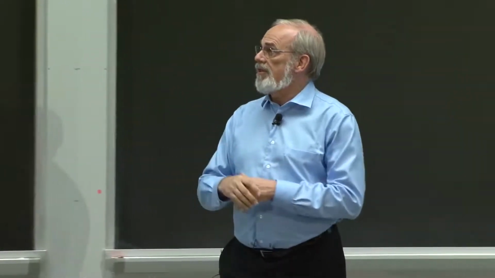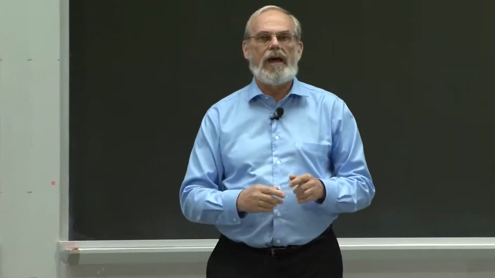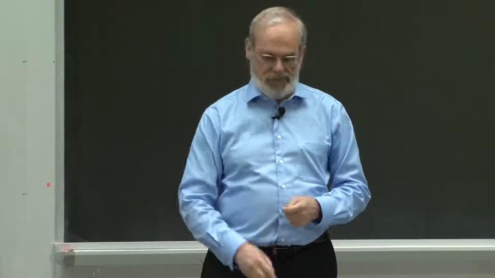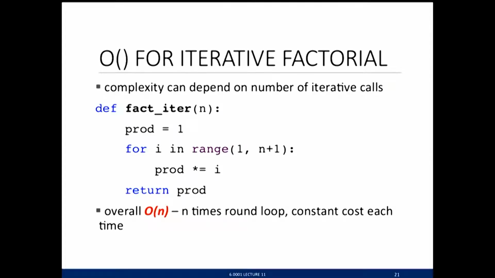Something like searching a list in sequence was an example of something that was linear. In fact, most of the examples we saw last time were things with iterative loops. So, for example, fact, written iteratively, factorial, right? n times n minus 1 times n minus 2 all the way down to 1. I set product to 1, I go through a loop where i goes from 1 up to n minus 1, incrementally multiplying product by i and storing that back away.